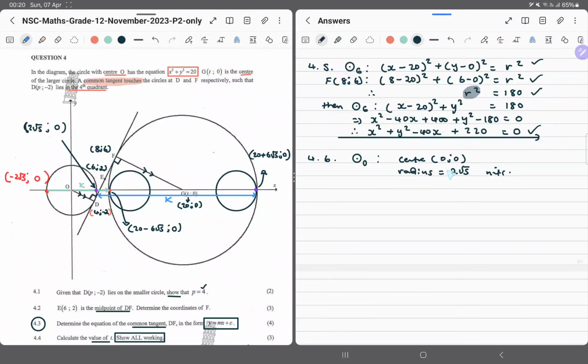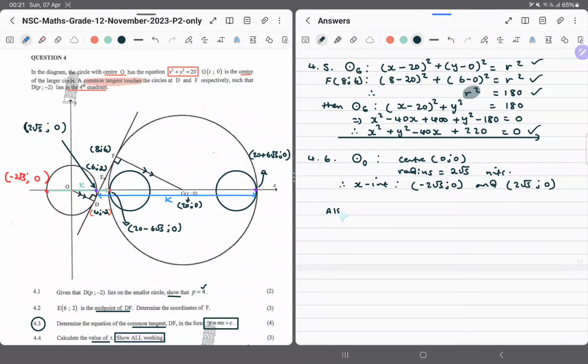We can say from here by inspection, therefore, the x-intercepts are going to be such that one is (minus 2 root 5, 0), and the other one is going to be (2 root 5, 0). Because by inspection we're using the center and the radius, because this is a horizontal thing. So our lives are pretty easy here. So when you are smart, you just do smart things.